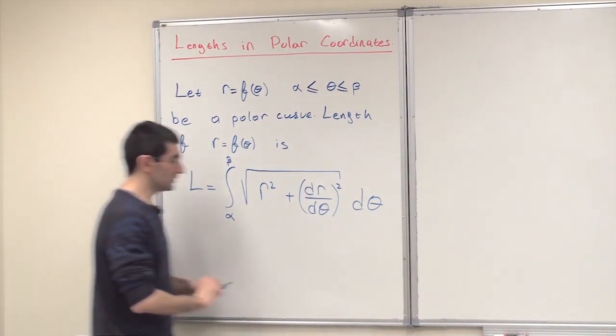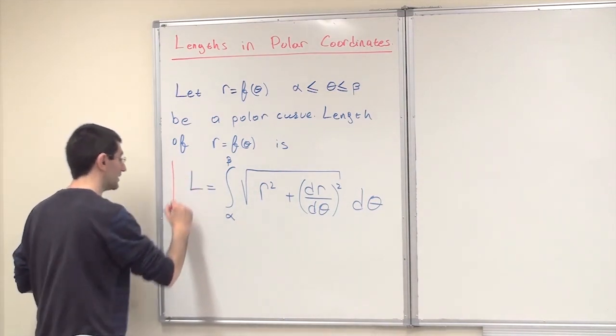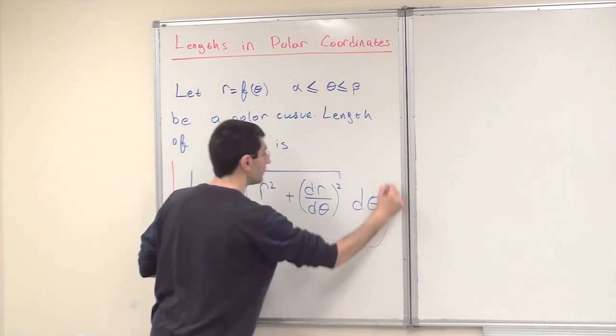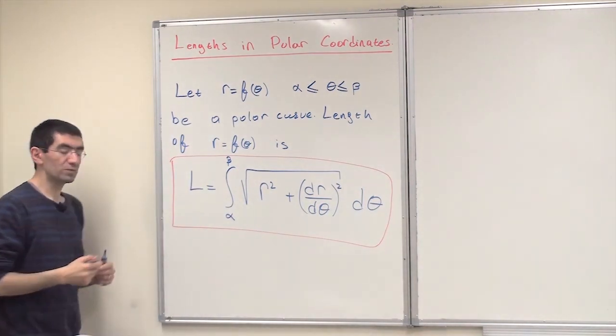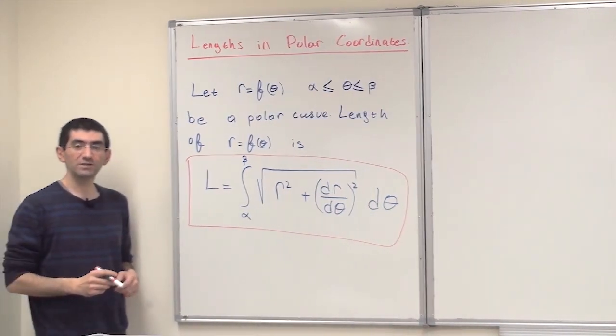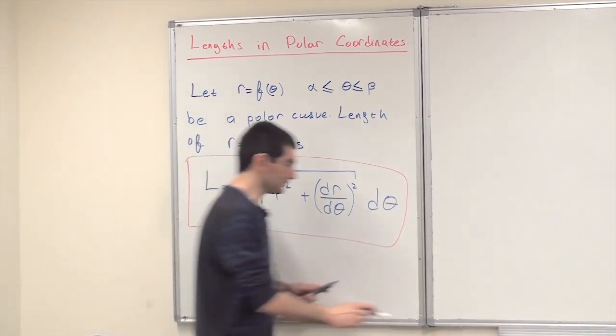Now, this will be, as I said, our formula to calculate the lengths of polar curves. But before we do an application, I would like to discuss the origins of this formula.